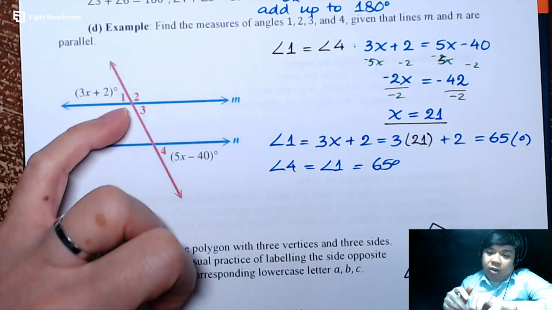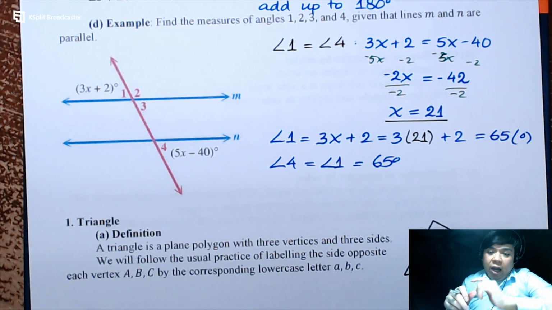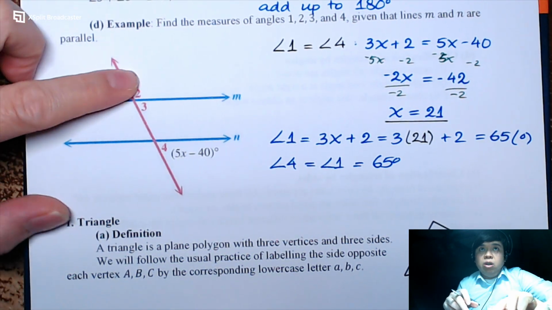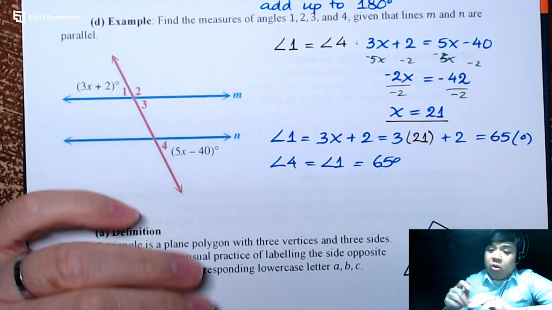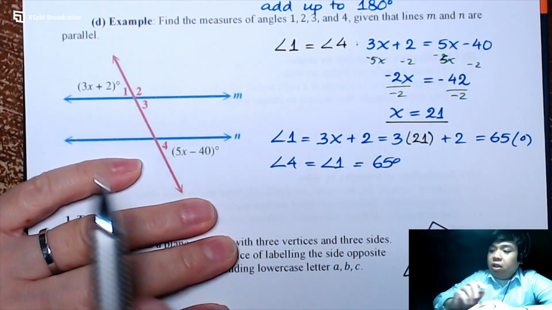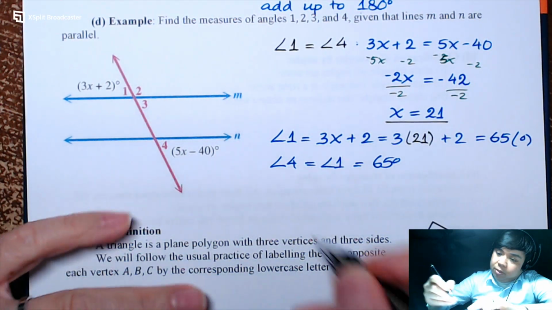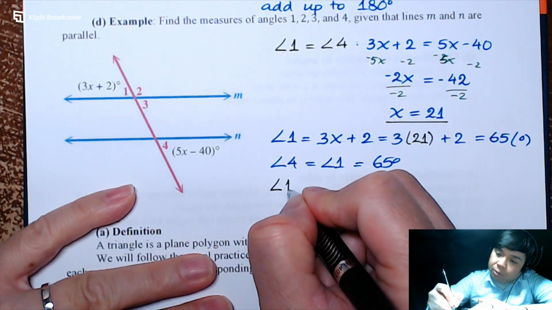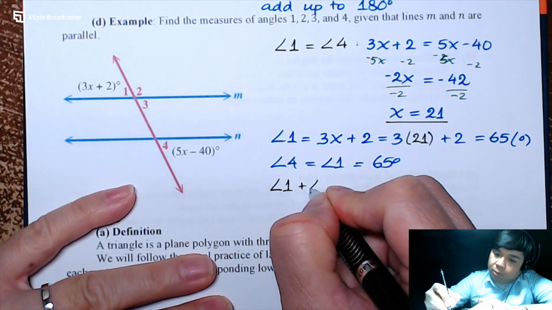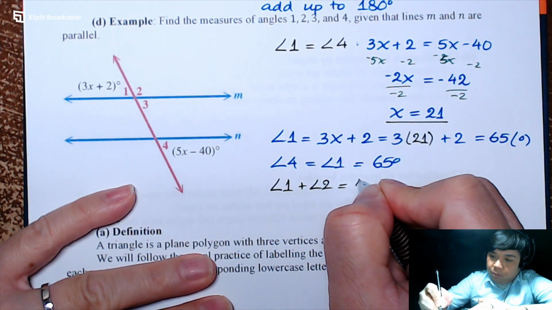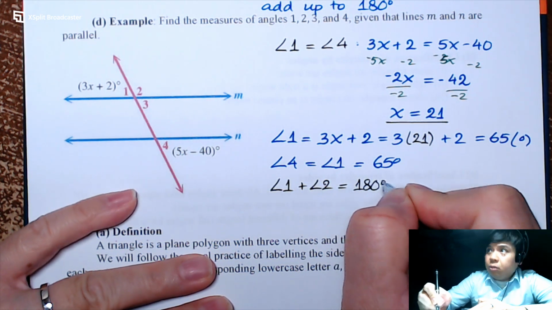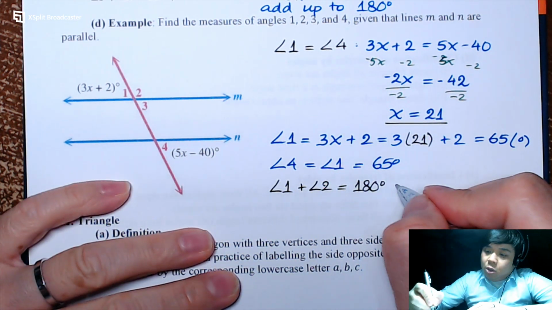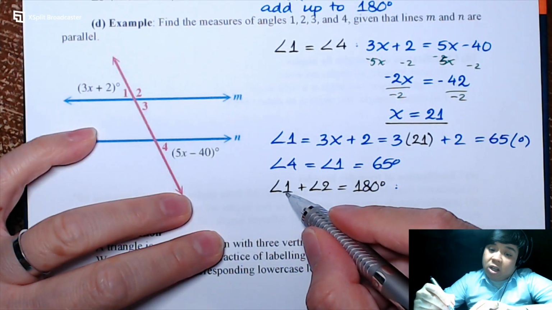And then we need to find angle 2 and angle 3. Angle 1 and angle 2 add up to 180 degrees because they're on a straight line. So we have angle 1 is 65 degrees.